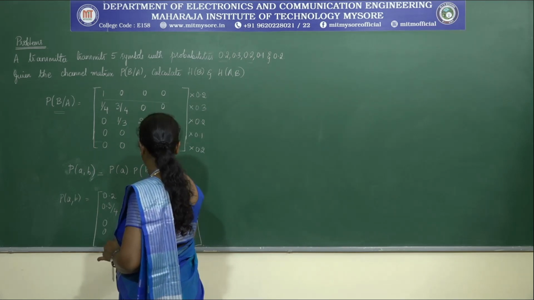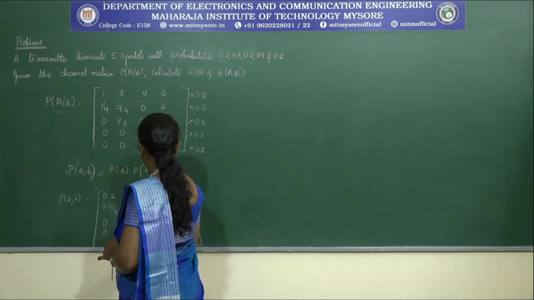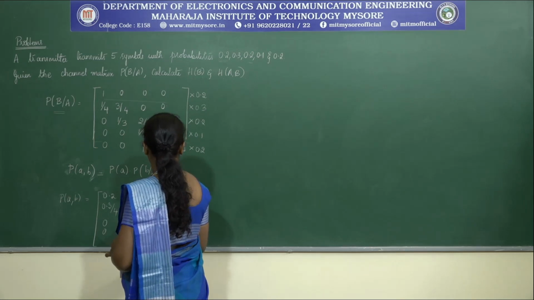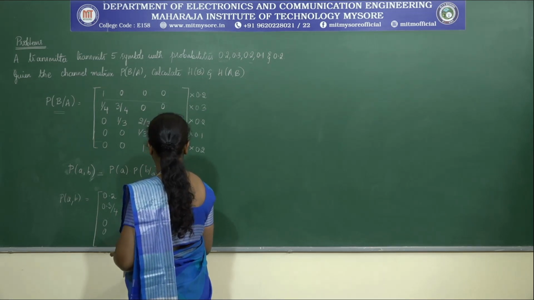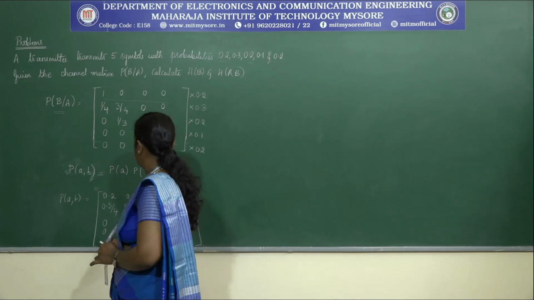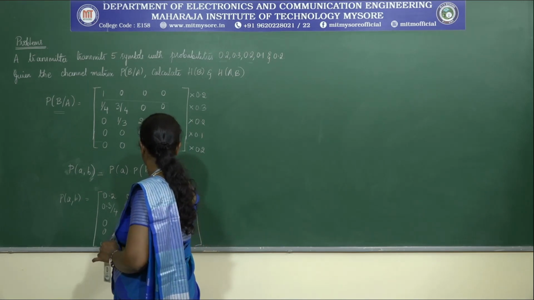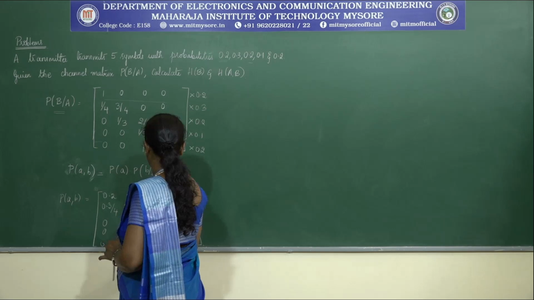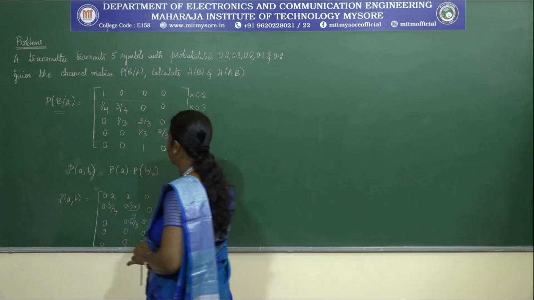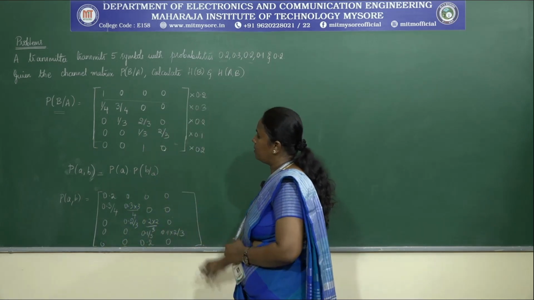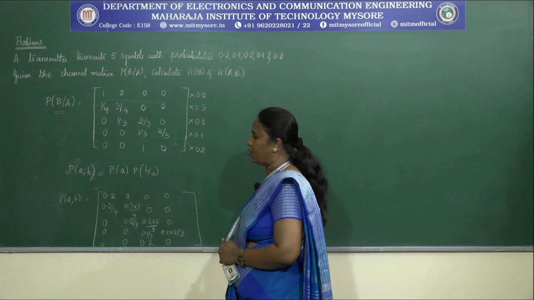Then 0.1 by 3, 0.1 into 2 divided by 3, and 0, 0. Then 0.2 and 0. If you simplify, you will get P of A comma B.